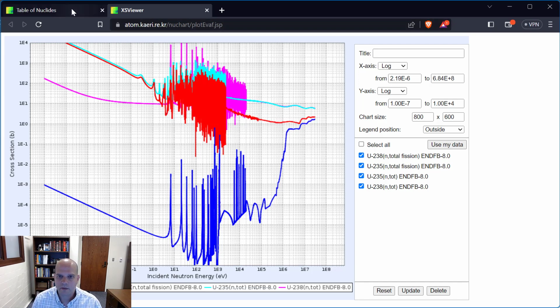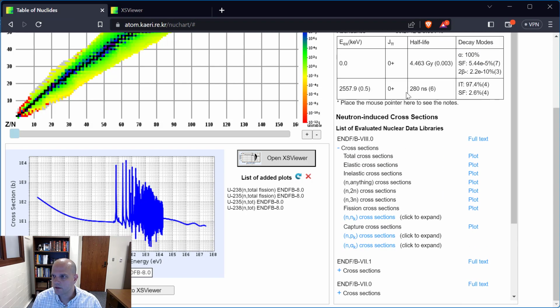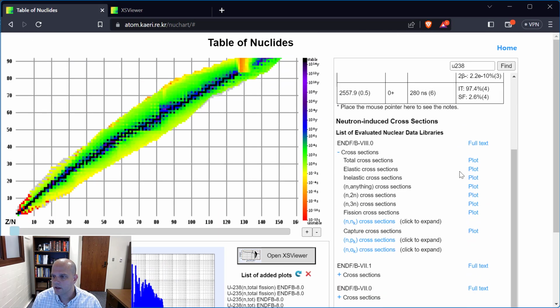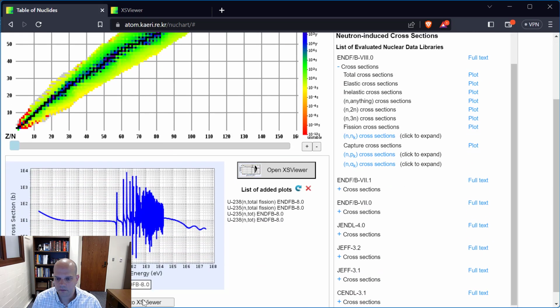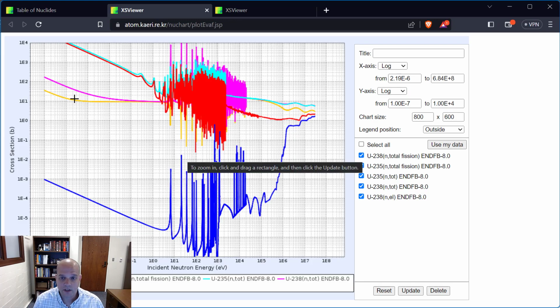So if we were unsure what would happen, then we'd need to dive in. Let's look at, this is 238 still, yeah. Let's look at the elastic cross section. So now we're starting to see that the elastic cross section is one of the dominant ones, right?